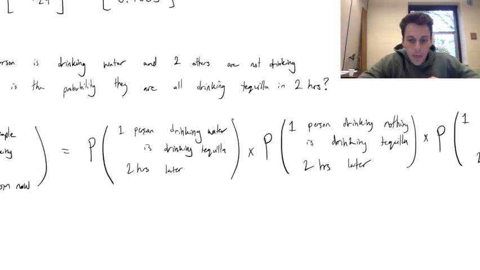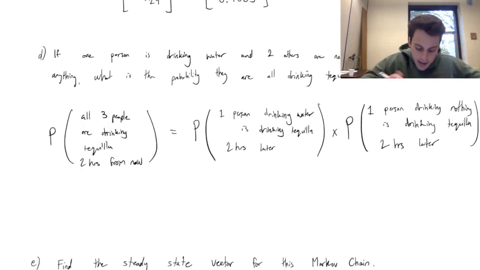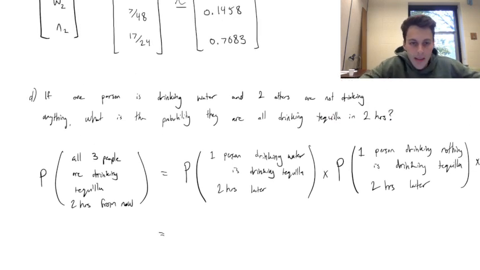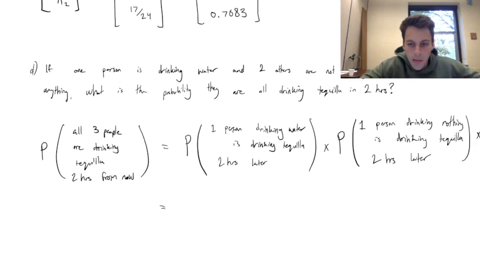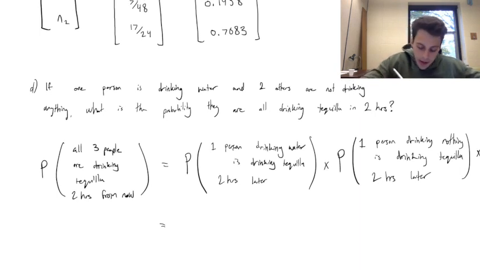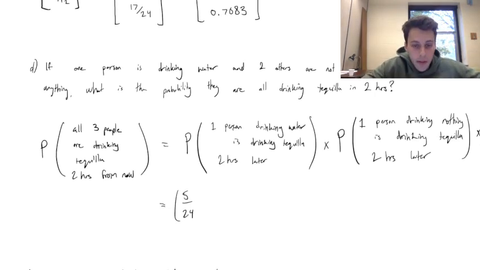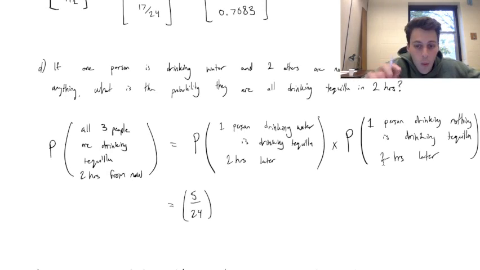Right? Okay. And luckily, we've already solved for the second 2 terms right there, right? That is 5 over 24 because that person started drinking nothing. So this is 5 over 24 squared multiplied by this first term here, the probability that that one person drinking water is going to be drinking tequila 2 hours later.